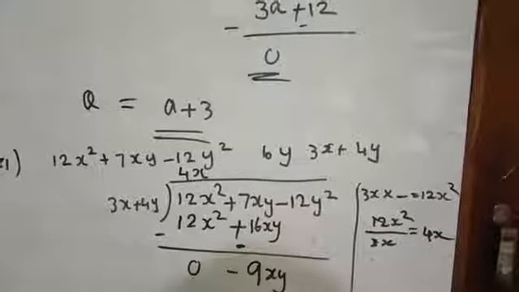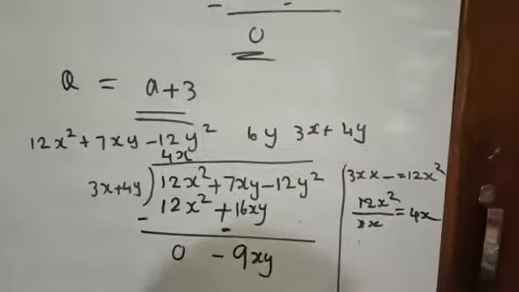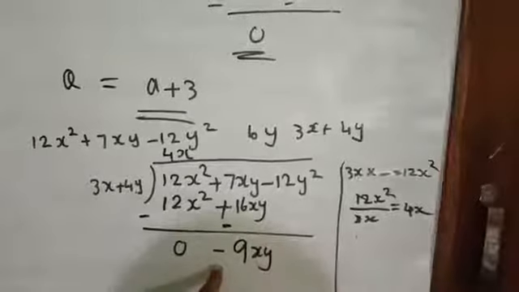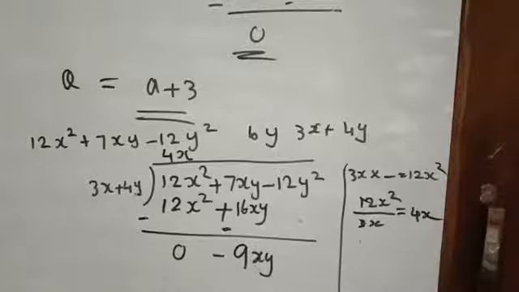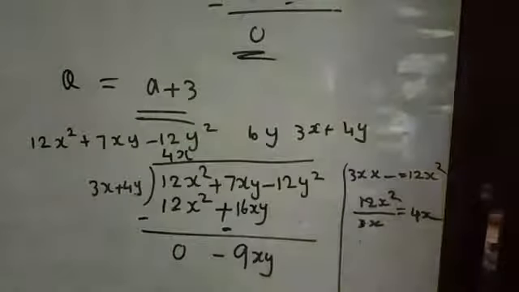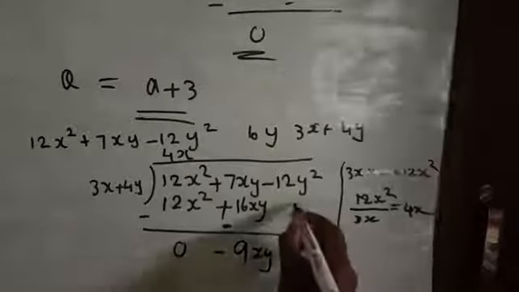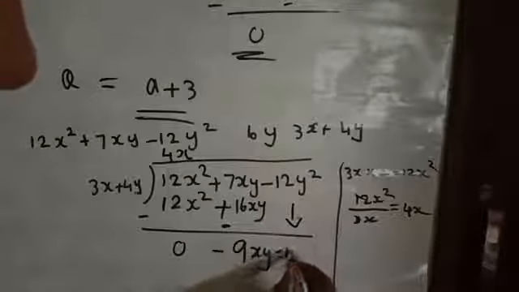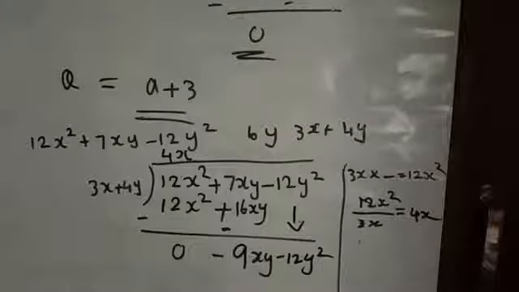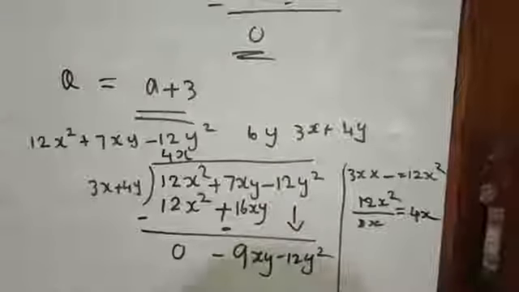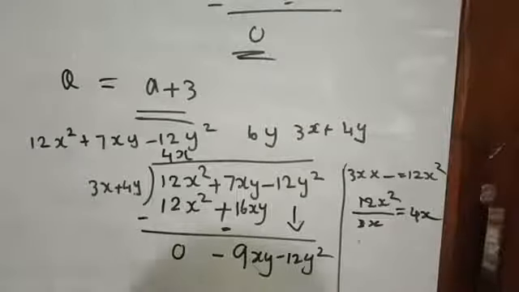And 16 is the greater number, so the sign should be minus. Okay, now bring down the next term, minus 12y square.